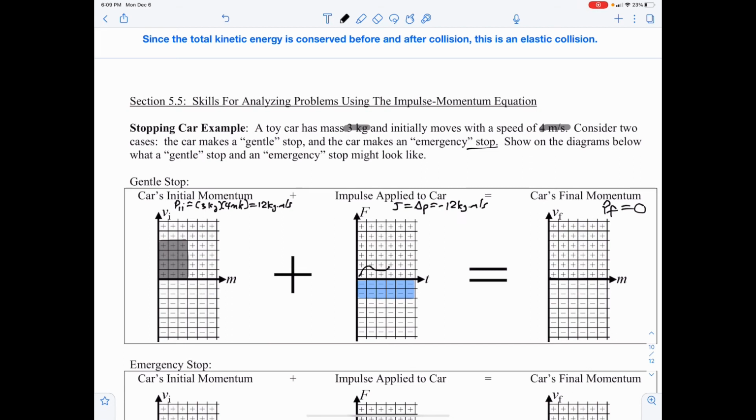And if we make a longer time, such as 6 seconds here, the force would be negative 2 newtons here. But that negative 12 is going to balance that positive 12 to give you 0 momentum.